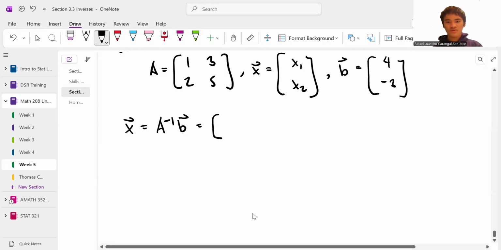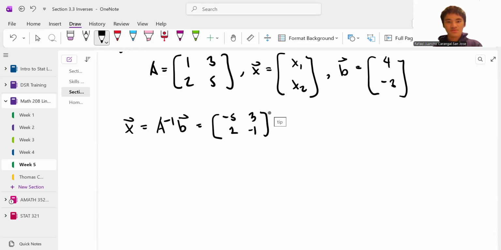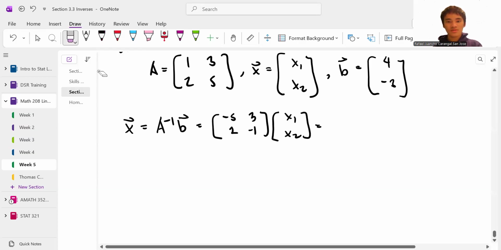Oh, they solve for the inverse. Okay, here they solve for the inverse. But just to show what the theorem can do, we're just copying what it looks like.